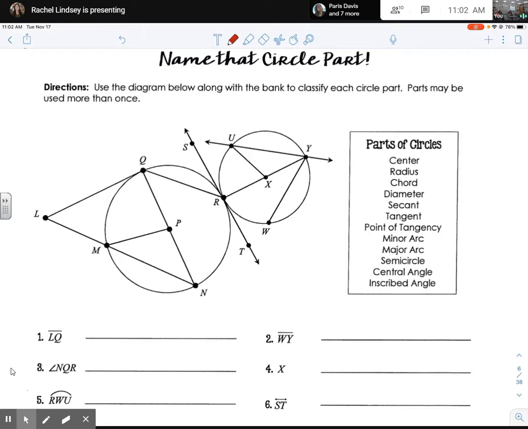It's talking about LQ. It wants to know what LQ is. What would that be? It only hits the circle one time, so it is a tangent.